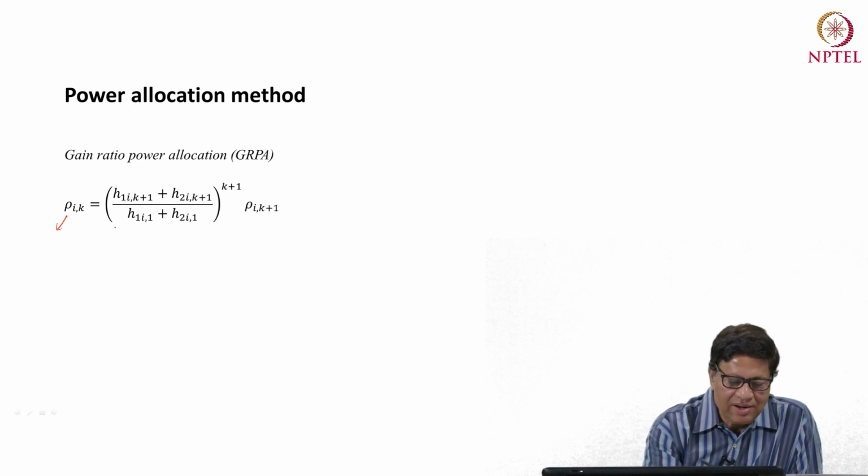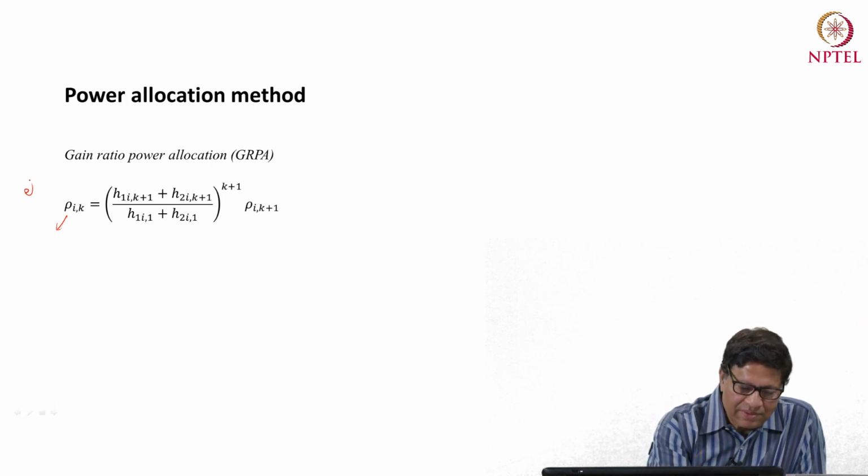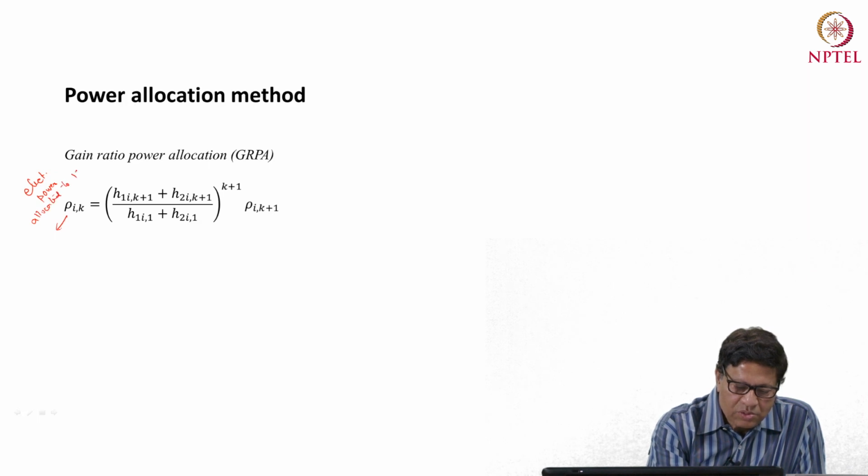This we had defined earlier. So electrical power allocated to kth user by ith LED, or from ith LED.